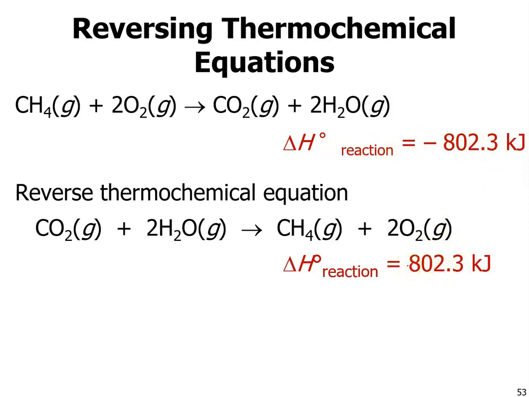So this is kind of the idea of the state functions as well. It doesn't matter how you get there. The energy associated with this compound is the same regardless of how you get to this state. And so that is another thing: reversing chemical equations just changes that from a positive to a negative. Because we'd have to put, just like how we had to with plants, photosynthesis, we had to put energy in to make these new molecules.